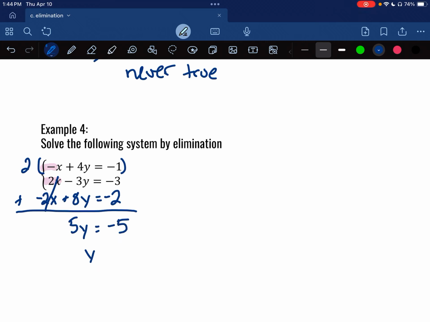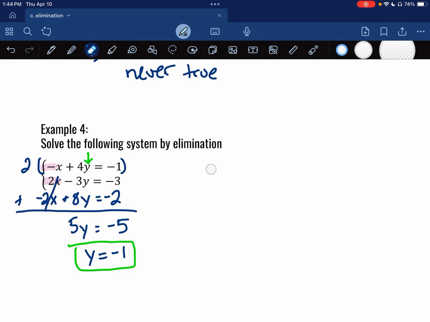So I'm going to take this beauty here, and I'm going to plug it into one of my OG equations. So let's go with the top one because, like I said before, it's the first one I saw. I'm just kind of lazy. Oh, what am I doing? Messing up my color coding here. So let's go. Negative x plus 4y equals negative 1.